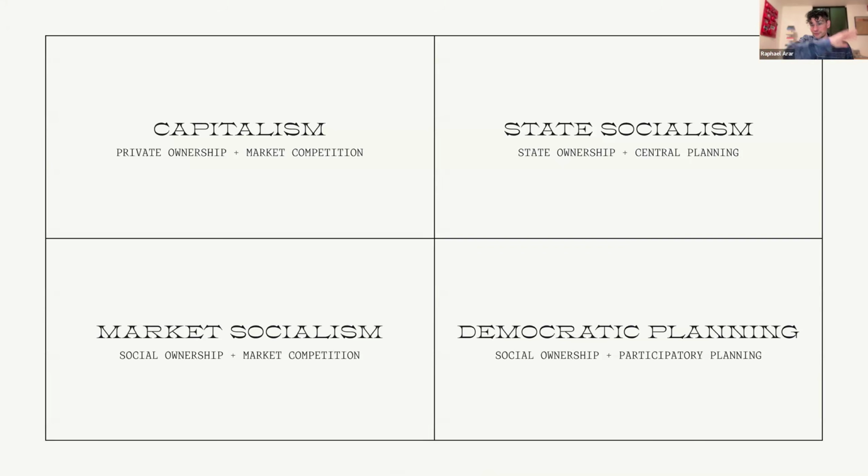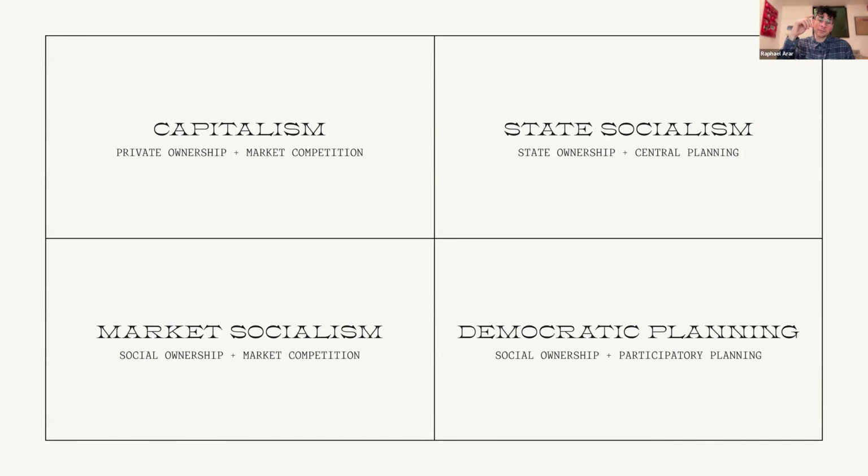There's the market versus planning. But that's not the only dimension that matters. And I think the more useful framing splits along two axes, which are ownership and coordination. So you can own things privately or you can own things socially. You can coordinate activity through competitive markets or through deliberative planning. So that leaves us with two axes and four boxes.